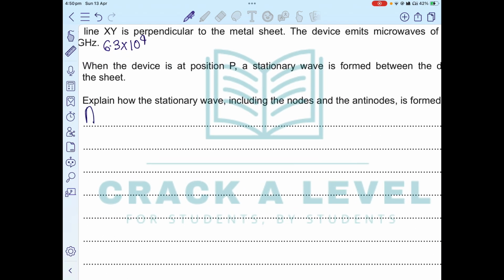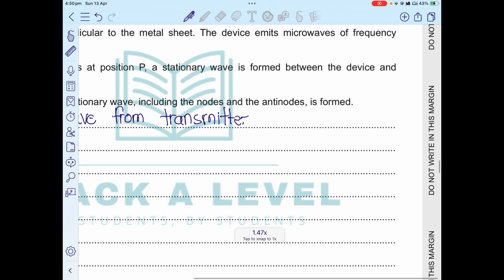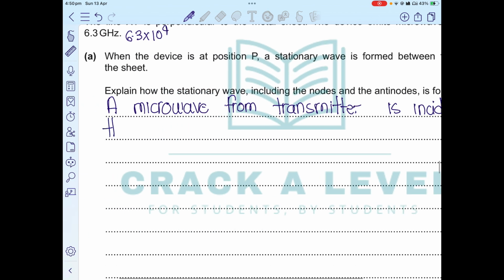First, a microwave from the transmitter is incident on the screen, and it reflects from the screen.